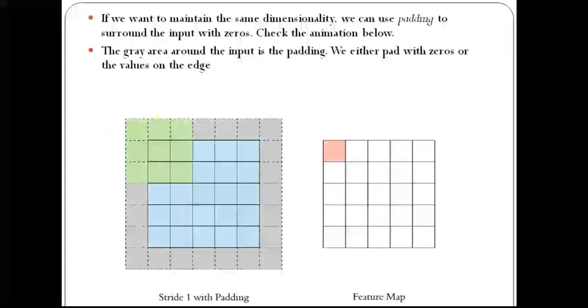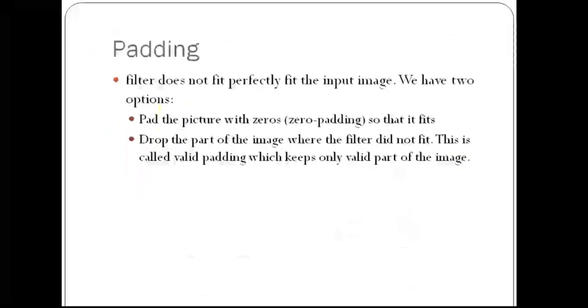And what is padding? Basically, in padding, what happens? We have a picture with zero padding. The first row and first column, and the last row and the last column will be filtered very little.